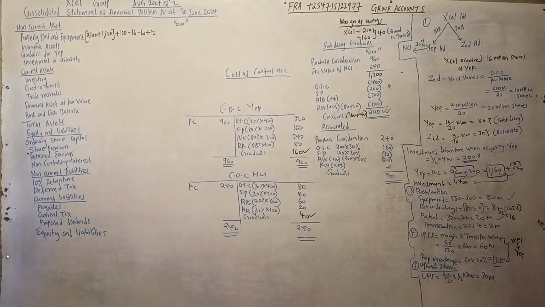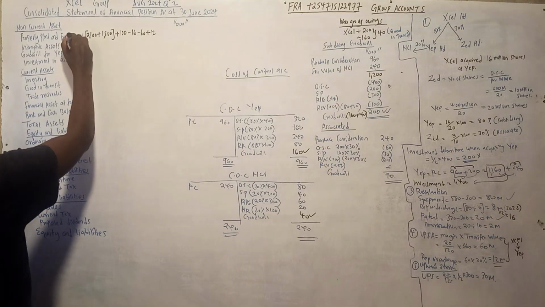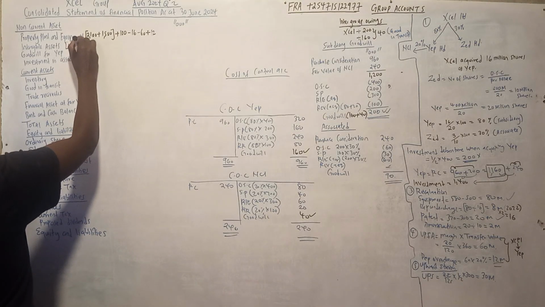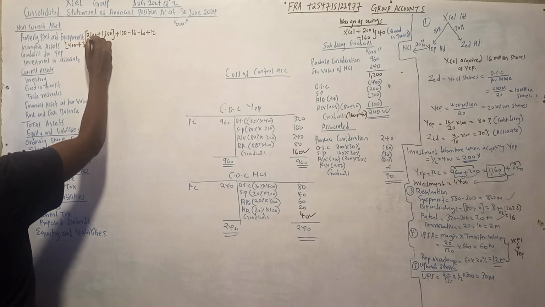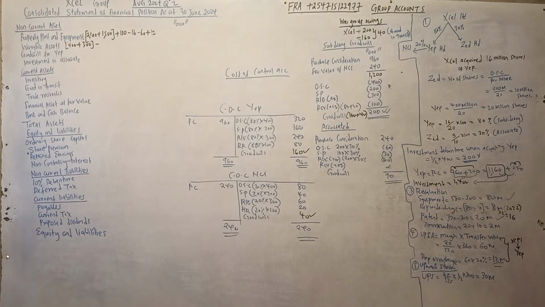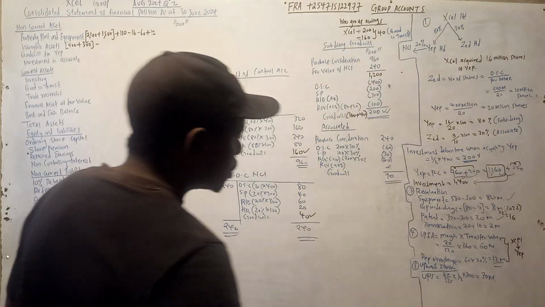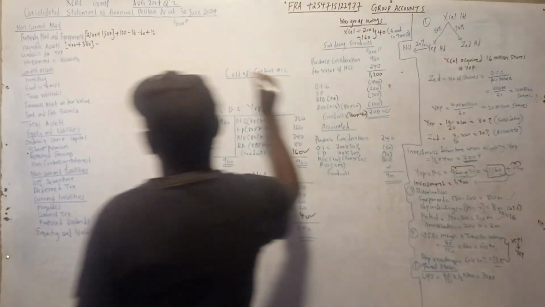Number 2, intangible asset. So we have an intangible asset in our statement. Let's go back to our intangible asset. We have 400 and 300. But we had amortization. We had a revaluation. First, let's start with the revaluation. We had a revaluation of the patent, which was 20.